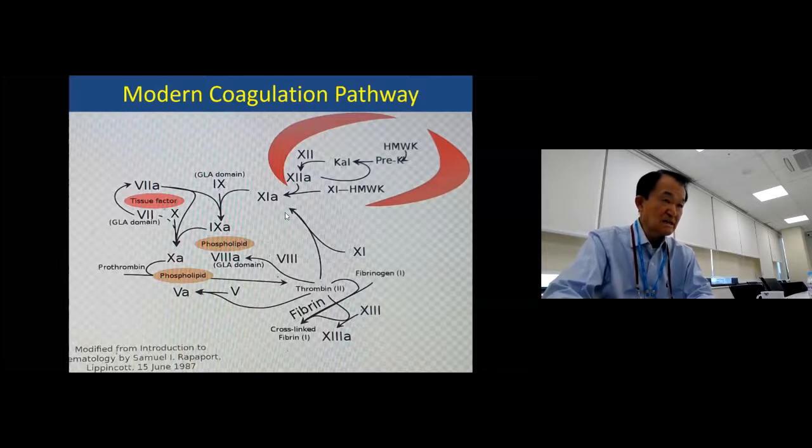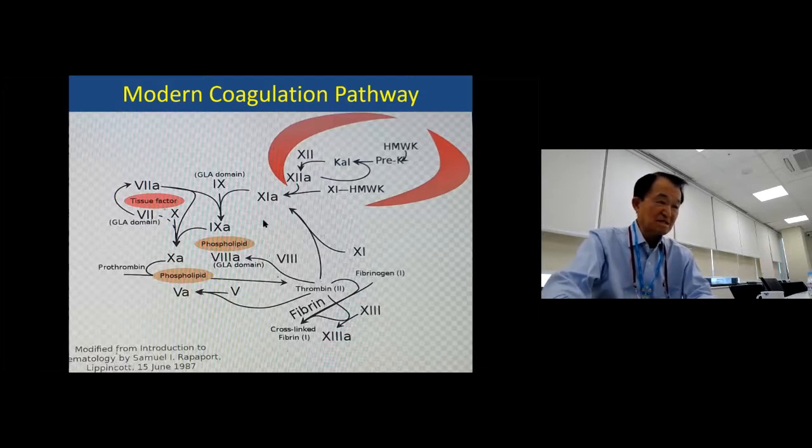Some kind of phospholipid plays a role in those converting factors. Fibrinogen becomes fibrin, that's the final stage. Prothrombin becomes thrombin, that's most important. It starts usually from factor 7, and then finally factor 13. There has been some modification, but the basic principles are the same.